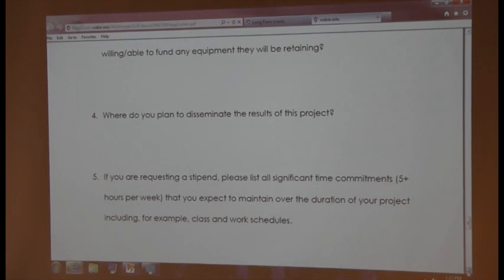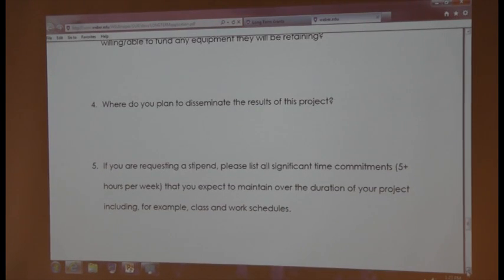And as I mentioned about dissemination, you certainly, at the very least, have to put that you're going to disseminate it here at our undergraduate research symposium, but also think about other places that you might want to disseminate. I think it should be the goal of every student researcher to publish their research.